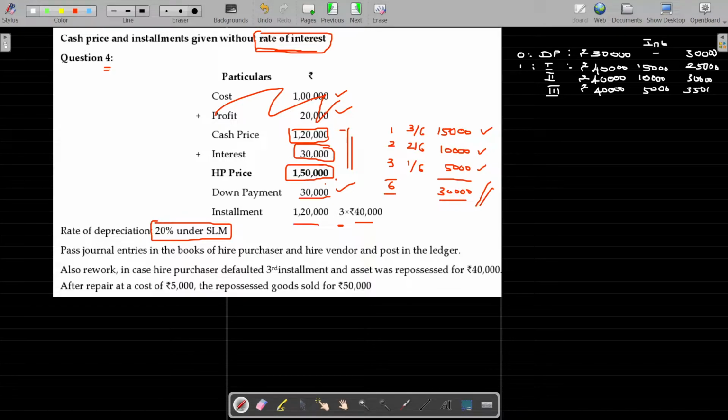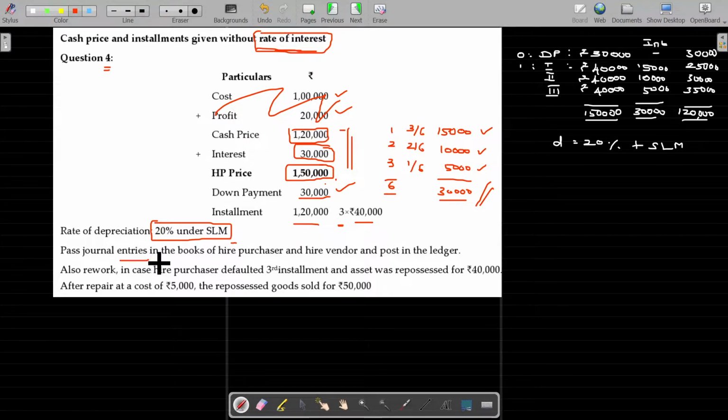The overall payment that you make here being 1,50,000, which is the HP price. This HP price includes interest of 30 and principal payment or cash payment being 1,20,000. This will be depreciated at the rate of 20% under SLM method. Straight line method of depreciation is adapted.